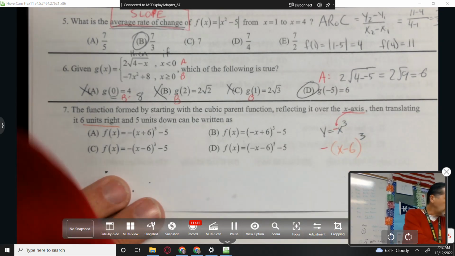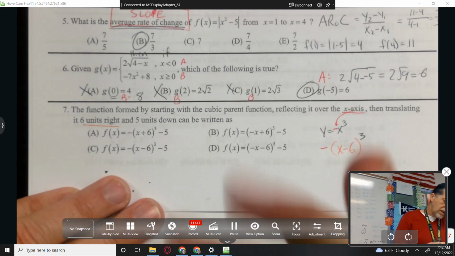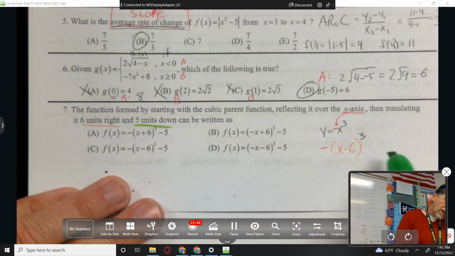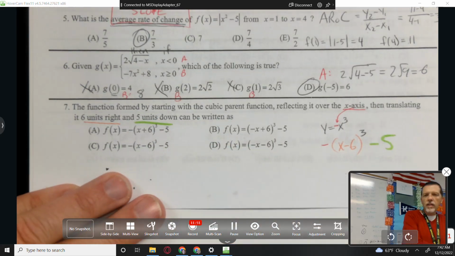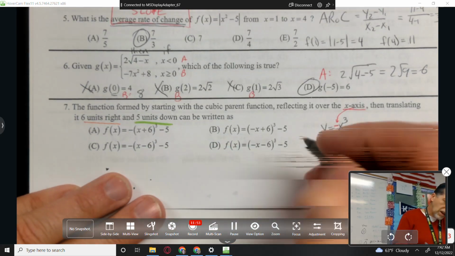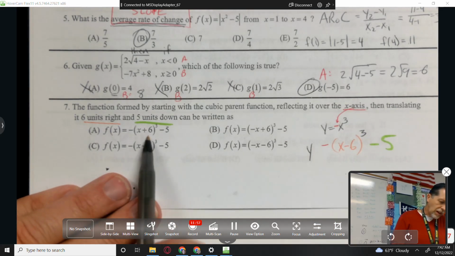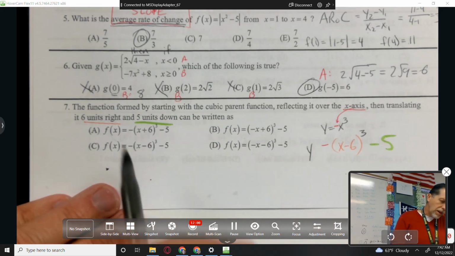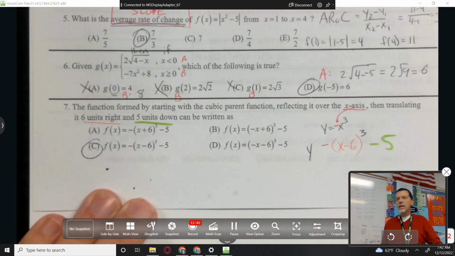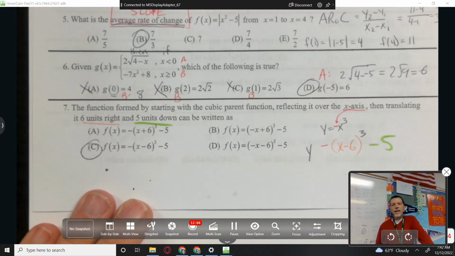And 5 units down, minus 5 at the end. So there should be something that looks like that. Negative x minus 6 cubed minus 5. You like those. You want those because you're pretty good at those.